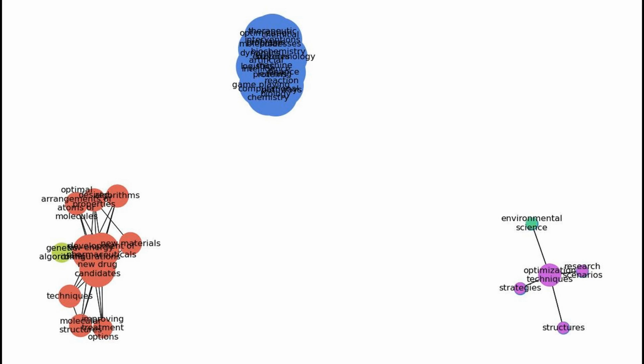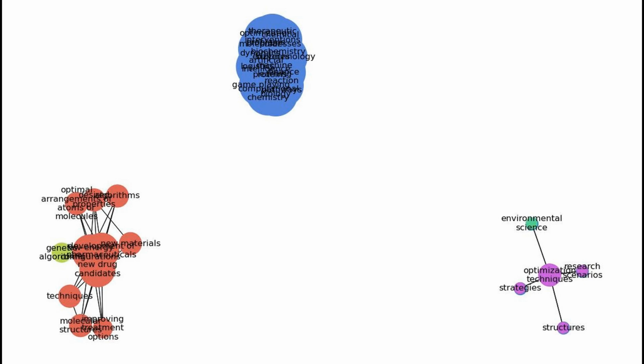Drug discovery. The success of the genetic algorithms in finding low-energy configurations can be directly applied to drug discovery processes. The ability to efficiently search for optimal molecular structures could lead to the rapid identification of new drug candidates, ultimately speeding up the development of pharmaceuticals and improving treatment options.